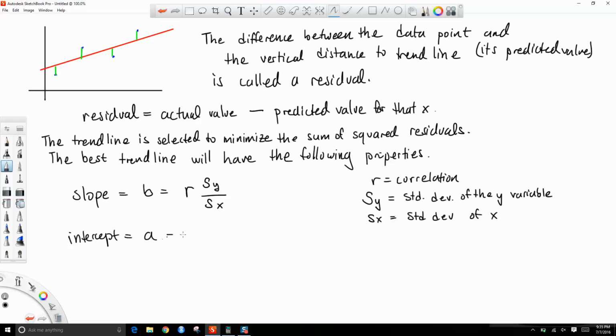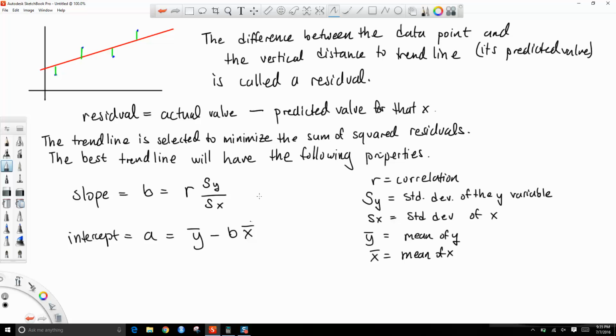And then the intercept, a, will equal y bar minus b times x bar. What's x bar? The mean of x. And what's y bar? The mean of y. And what's b? The slope, right above.